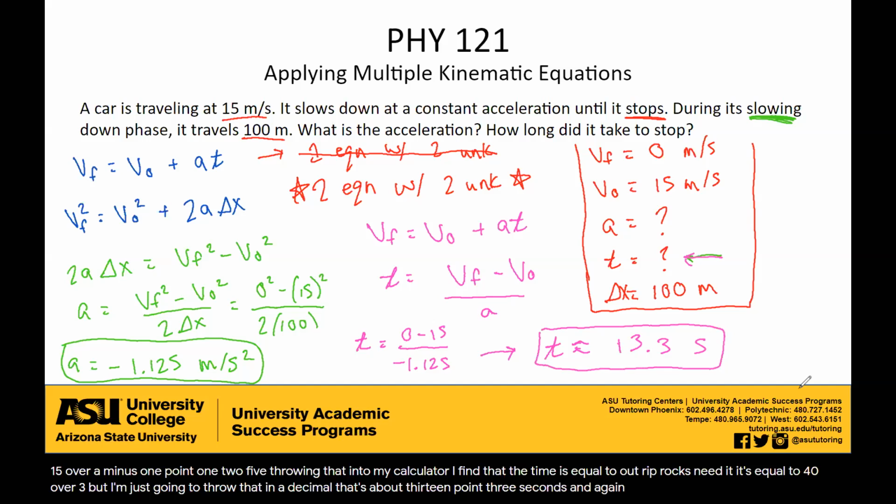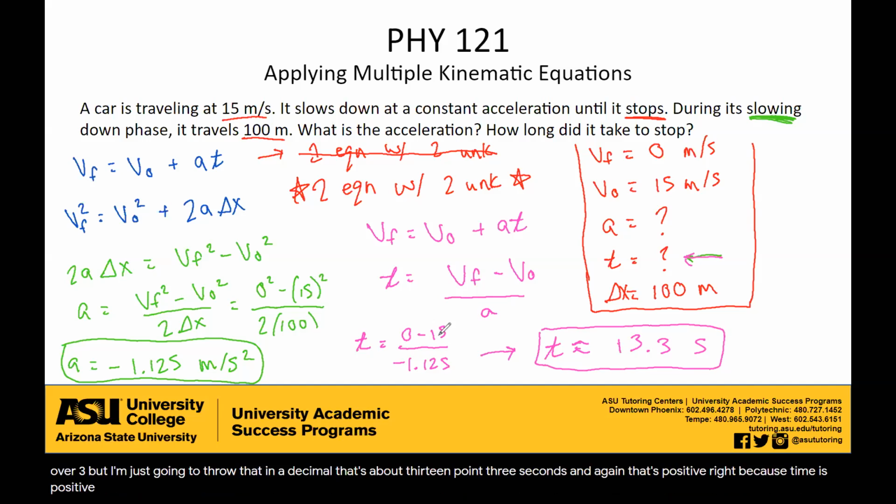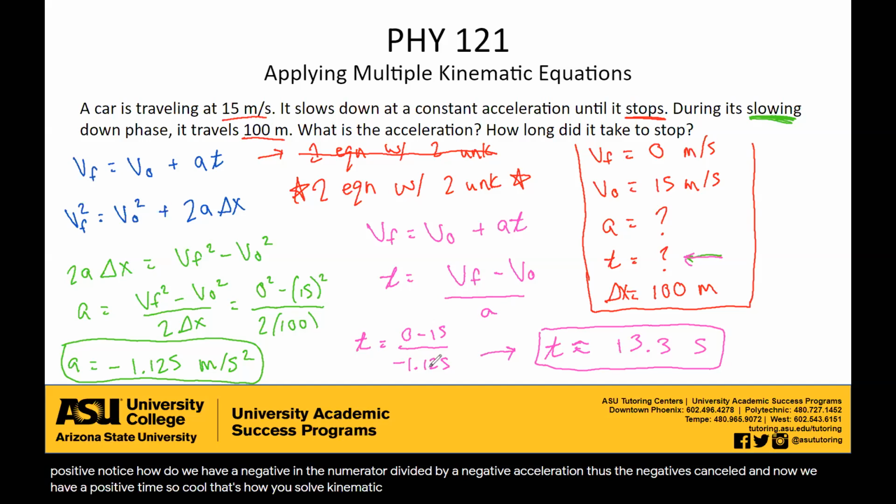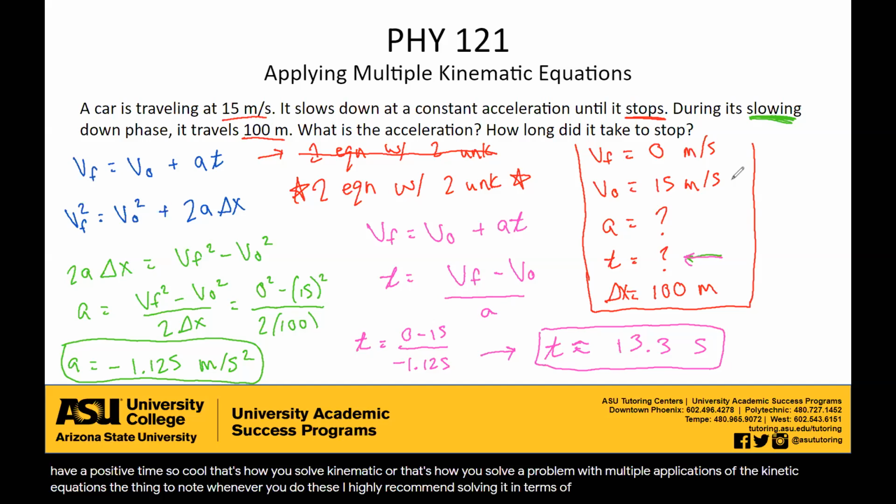And again, that's positive because time is positive. Notice how we had a negative in the numerator divided by a negative acceleration, so the negatives canceled and we have a positive time. That's how you solve a problem with multiple applications of the kinematic equations. Whenever you do these, I highly recommend solving in terms of letters first.